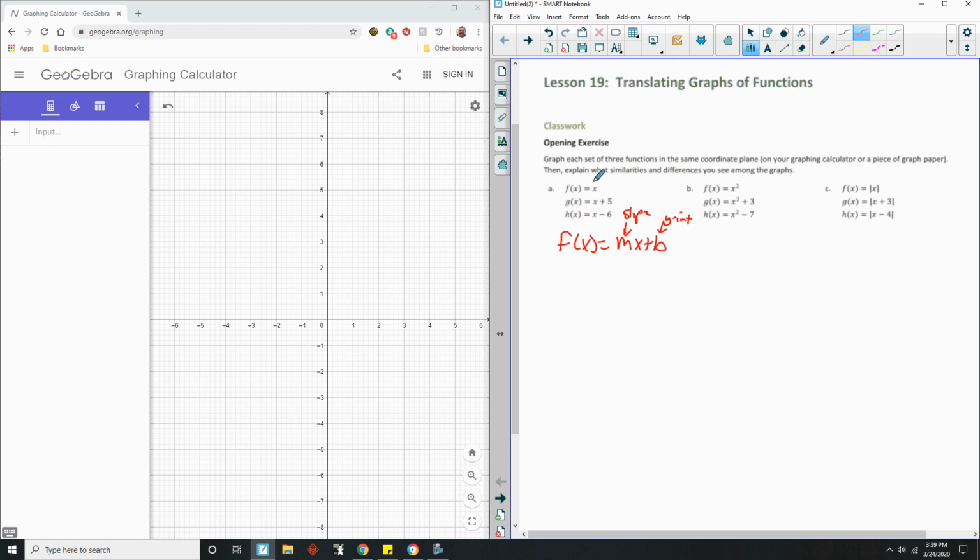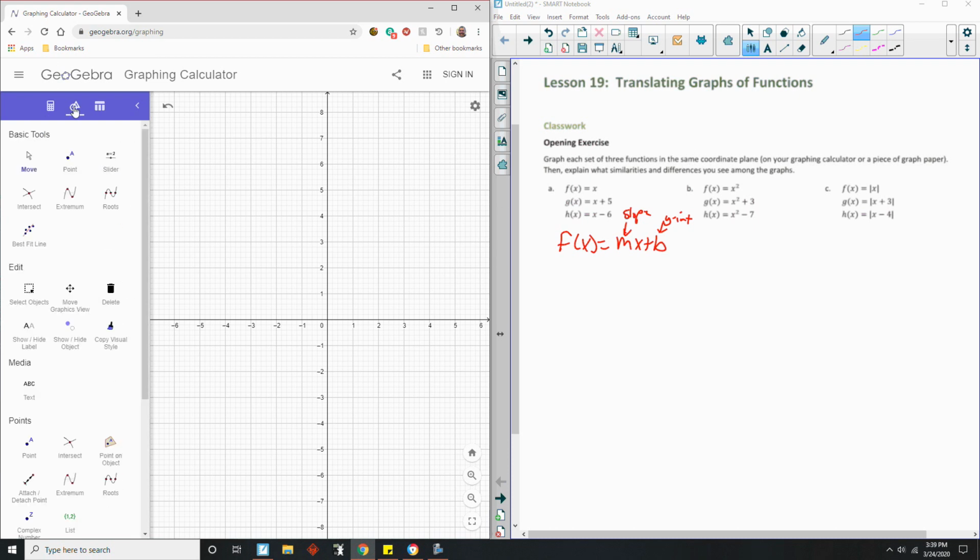Okay, so 1x plus 0, well, that's going to be a point right here. So I'm going to go to my calculator over here, and I'm going to select a point. So this has a y-intercept of 0, so I'm going to put a point there. And then a slope of 1, which means go up 1 over 1, up 1 over 1, up 1 over 1, or down 1 over 1, and so on.